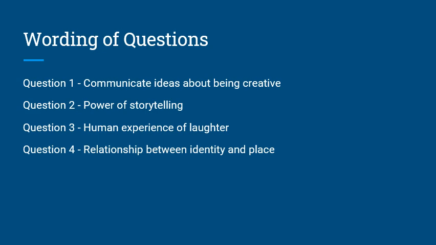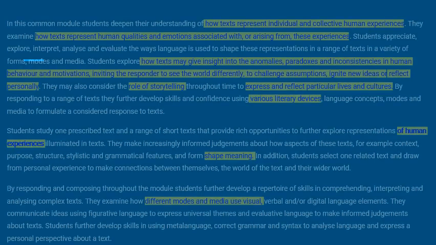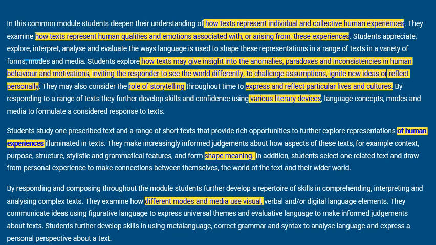Where have we seen these words or phrasings or similar words before? We have seen them in the Texts and Human Experiences rubric. I have highlighted and color-coded some here. In the common module, students deepen their understanding of how texts represent individual and collective human experiences.